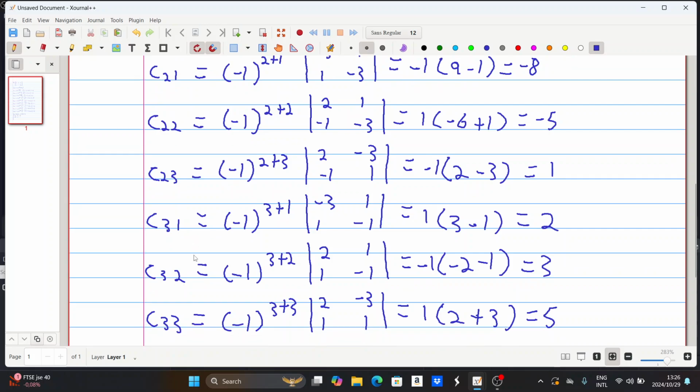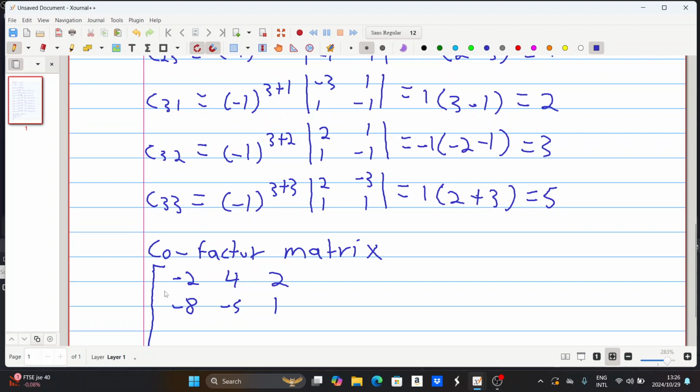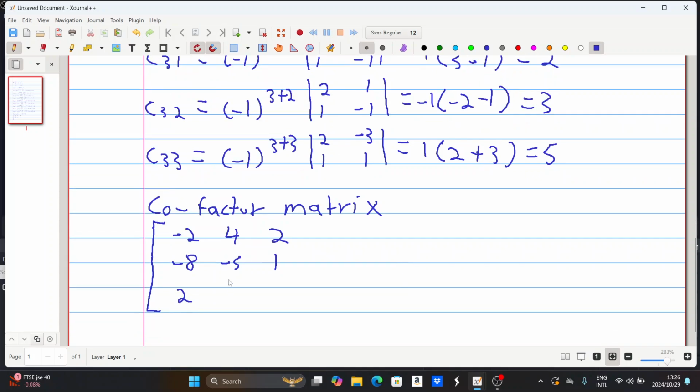Then we have 2, 3 and 5. So this makes up our cofactor matrix.